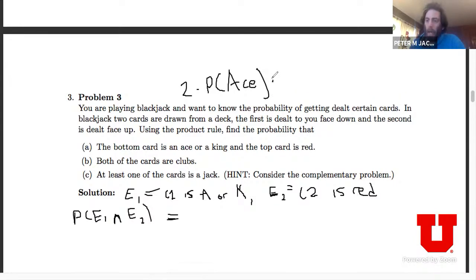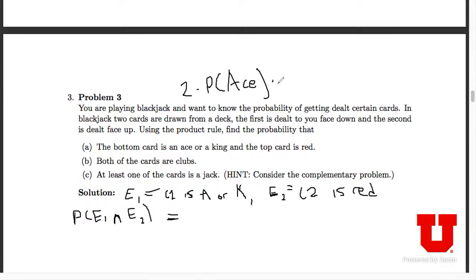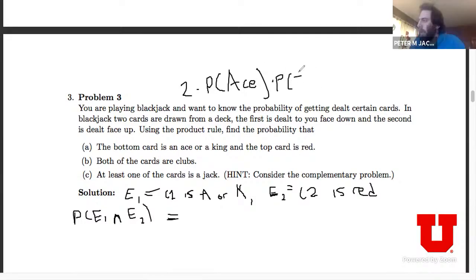I'm not saying that this is right. We're going to go through a more systematic way to do it, but at the end we can come back and compare the solutions. So what's the last part? And then times the probability that the top card is red. Okay, top card is red.